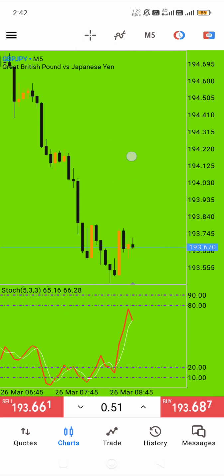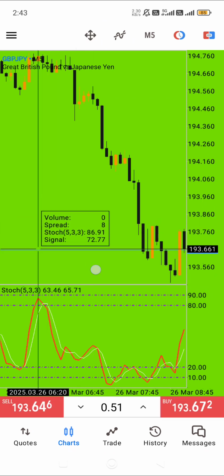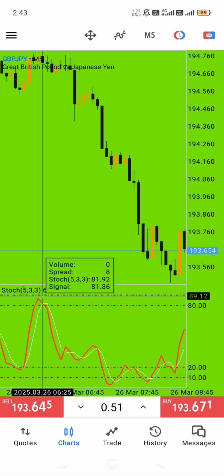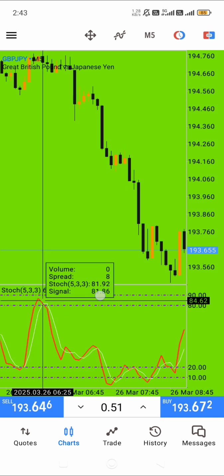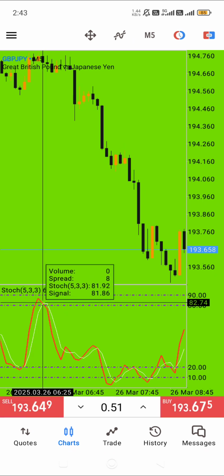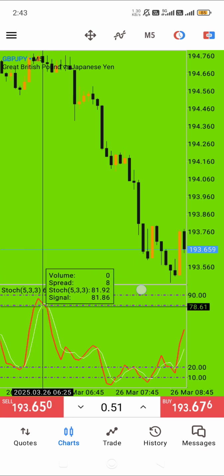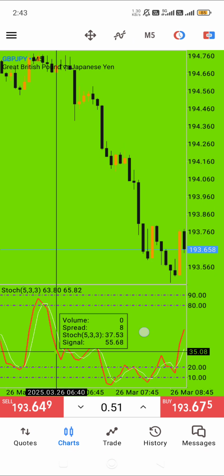Just check there. This is GBP JPY on the 5-minute time frame, with levels 80 to 90. In this situation, both candles envelope and cross both lines at the 80 level, then the market goes into a strong downfall.